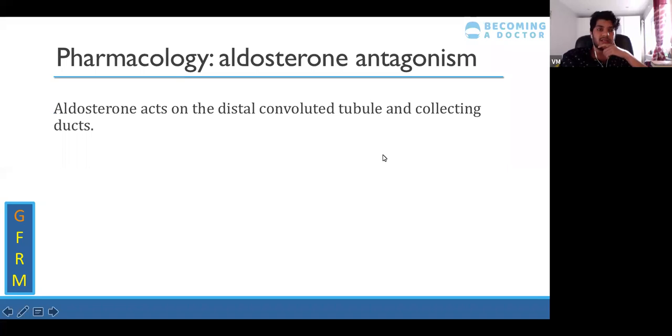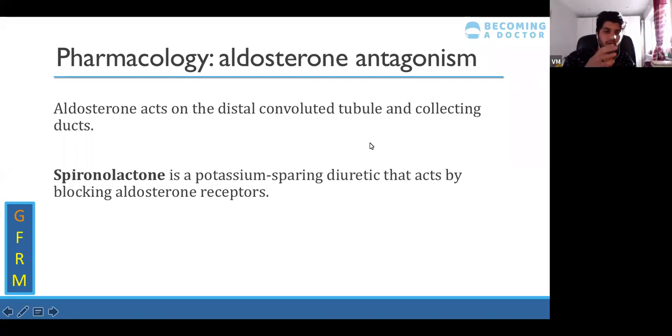So like I said, aldosterone acts on the distal convoluted tubule and collecting ducts in the kidneys. And one thing that I think is important for you to know is the drug spironolactone, which is used in heart failure, and it is a direct antagonist of aldosterone. And that's one way it helps for hypertension.